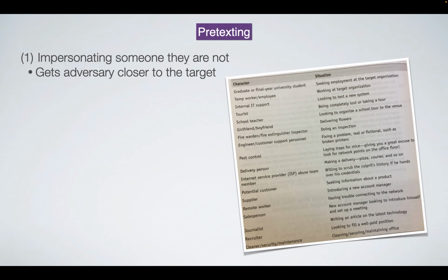You could say that you're from the ISP. You could be a potential customer, a supplier, remote worker, salesperson, journalist, recruiter, or cleaning staff, maintenance staff, or security staff as well. So these are some of the common things.